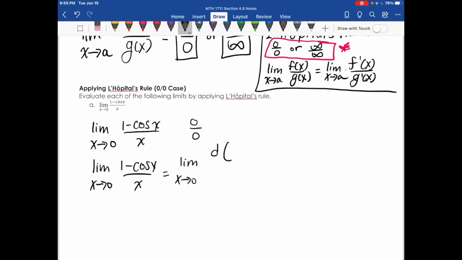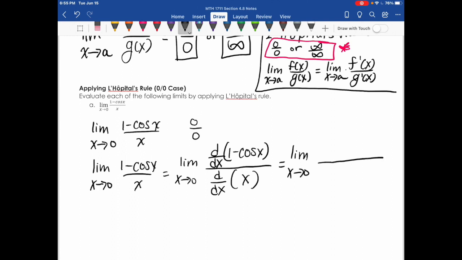So I can say that the limit as x approaches 0 of 1 minus cosine x over x is equal to the limit as x approaches 0 of the derivative with respect to x of 1 minus cosine x over the derivative with respect to x of x. So now I take the derivative. The derivative of 1 is 0.